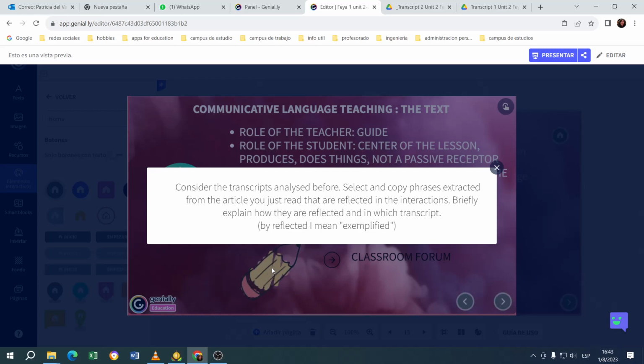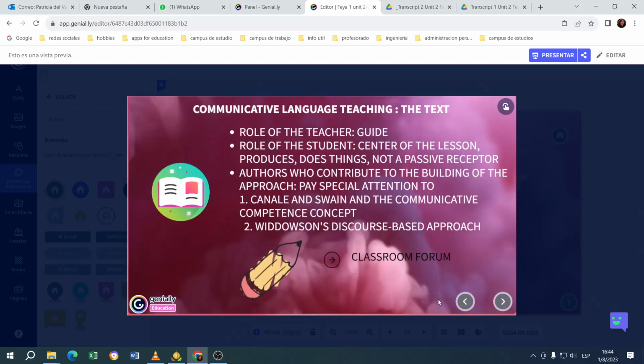Of course, you're going to find more examples in transcript number 2 than in transcript 1. You can find examples of what not to do in transcript 1. So work on the forum, try to participate so that if I see problems or misconceptions, I can also interact with you.